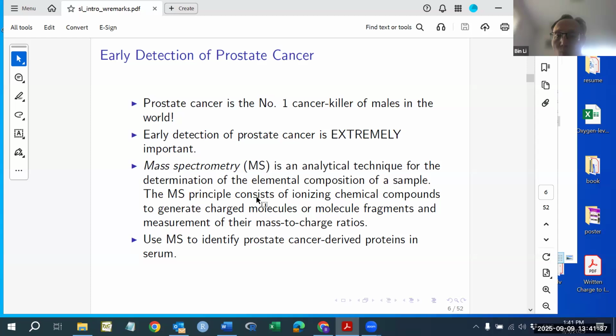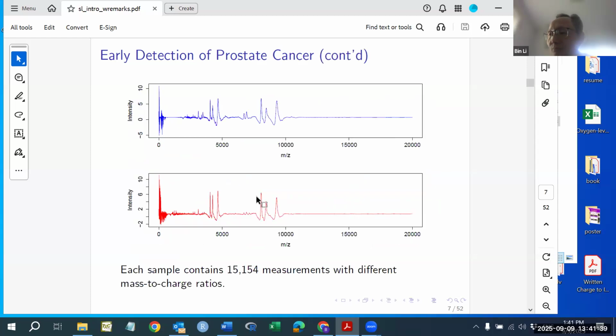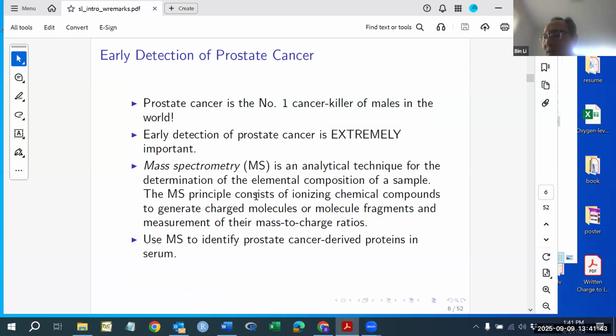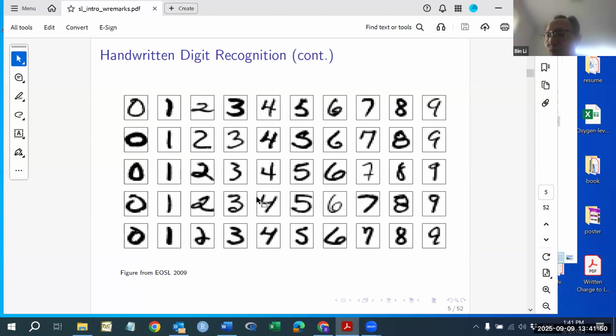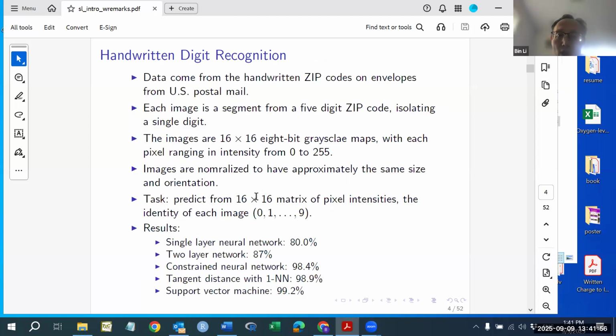This one has over 15,000 X variables, and the sample size only has a few hundred patients. For this one, we have 256 X variables, and the sample size is, I didn't check, about 20,000 something.